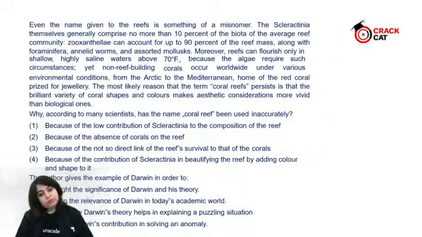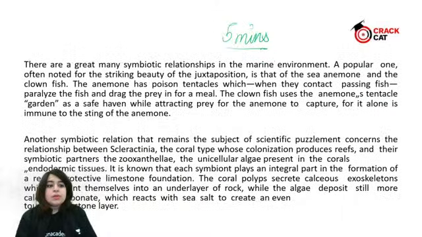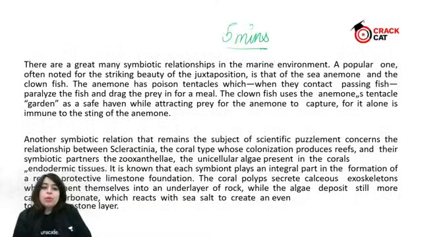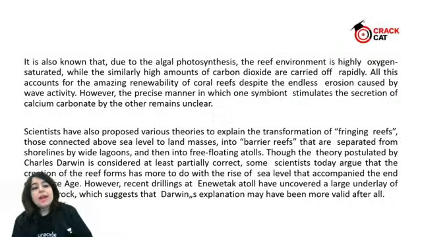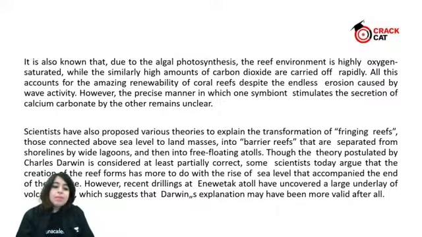Okay, let's look at the passage now. So, this passage talked about some kind of symbiotic relationships in the marine environment. If we look closely, it talks about corals and reefs and explains what corals are and what reefs are, how there are different compositions, and how there are various other kinds of symbiotic relationships in the marine environment.